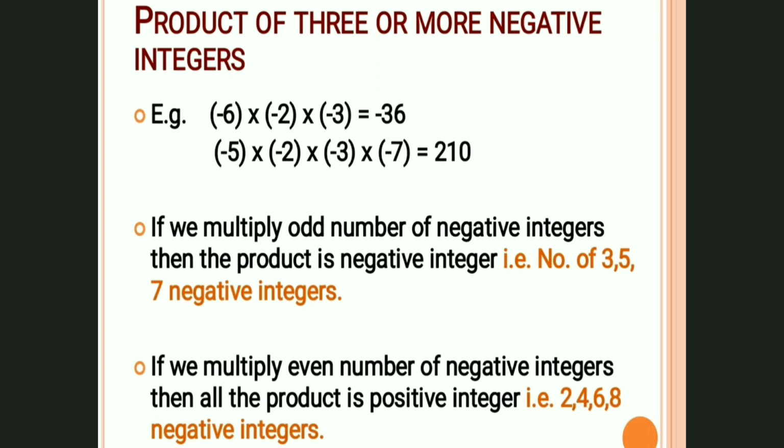And if we multiply an even number of negative integers, that is 2, 4, 6, 8, then the product is a positive integer. Now children, here we complete the facts of multiplication.